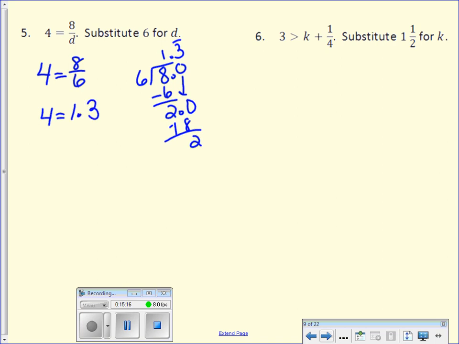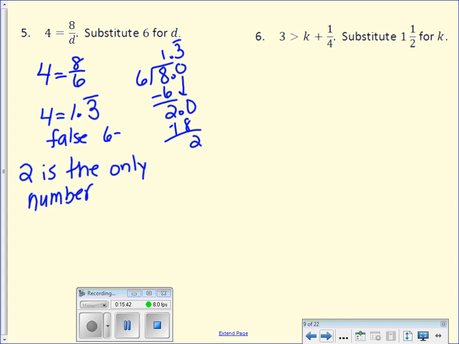So does 4 equal 1 and 3/10 repeating? What is the only thing that D can equal? 8 divided by what would equal 4? So 2 is the only number that will make this true. So this was false. That 6 equal D. So 2 is the only number that will make this statement true.